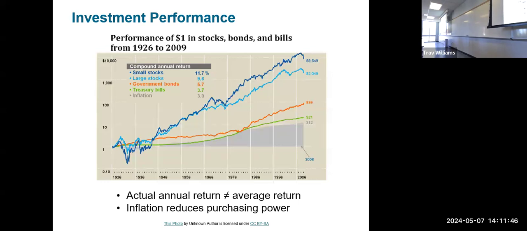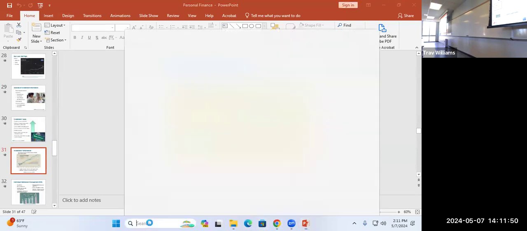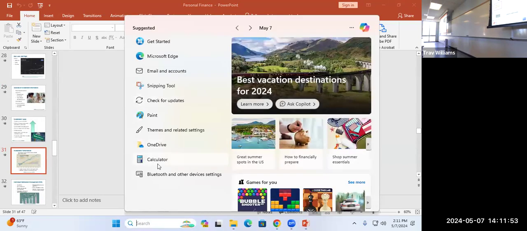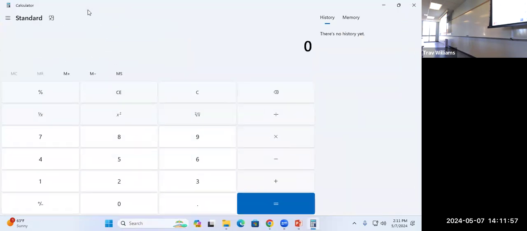Let's say you invest $100. Okay, $100. And it goes up 10%. Times 1.1. Okay, now you have $110. Great.